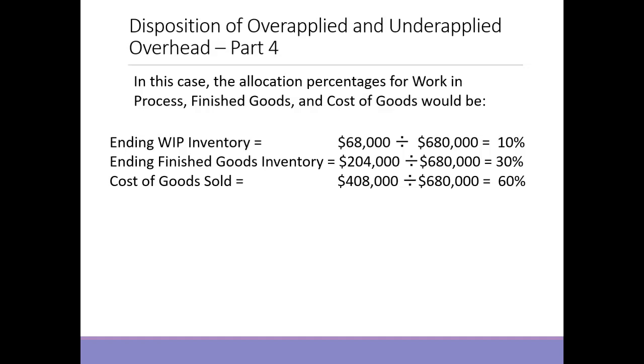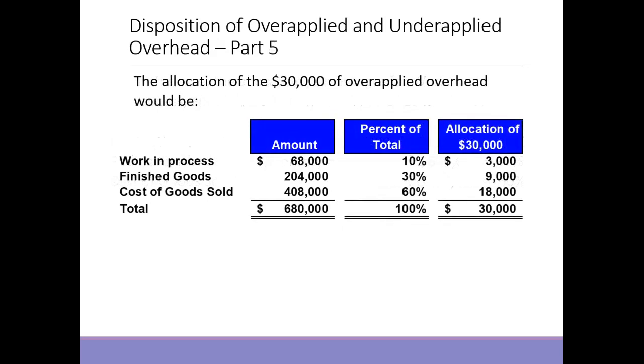We would give 30% to ending finished goods and the difference to cost of goods sold. Okay? The allocation of the 30,000 would then show 3 would go to work in process, 9 would go to finished goods, and 18 would go to cost of goods sold.